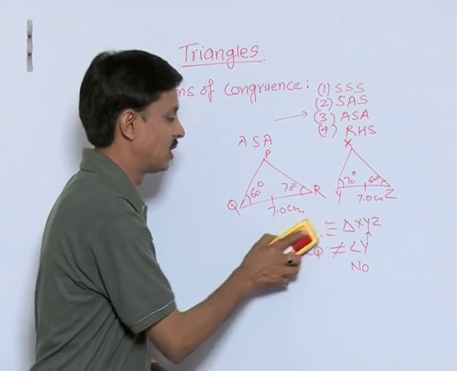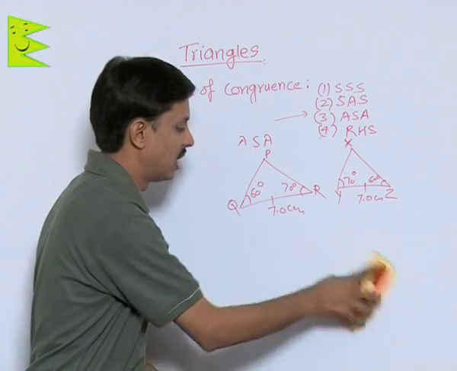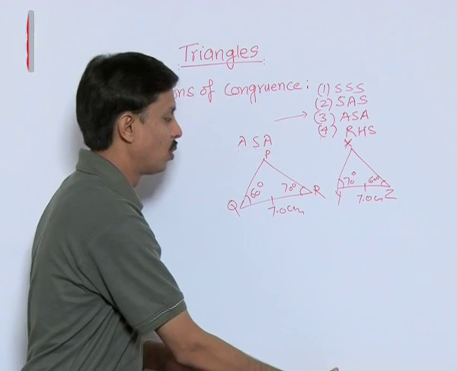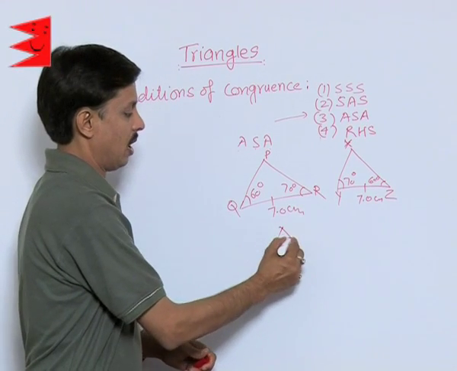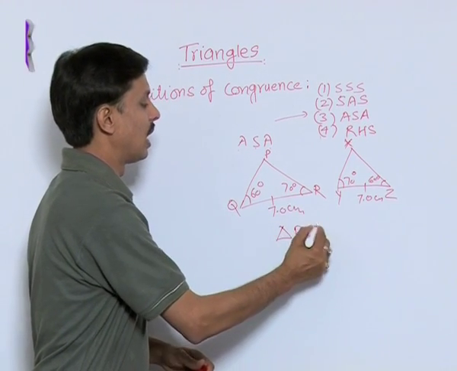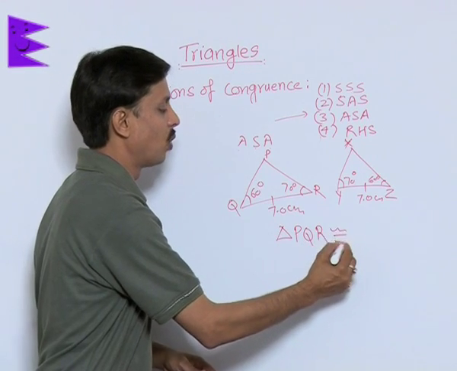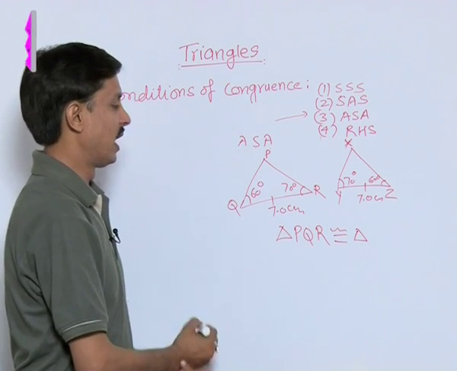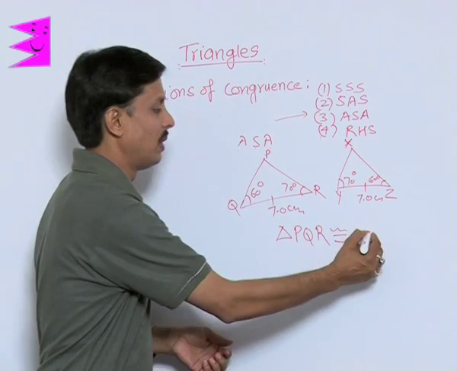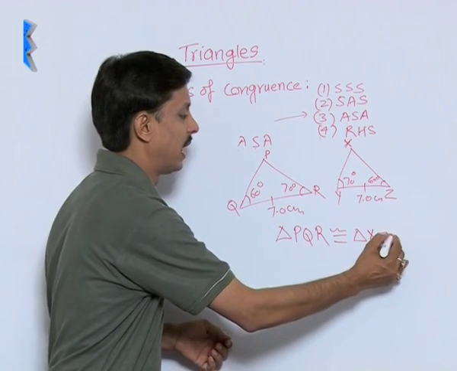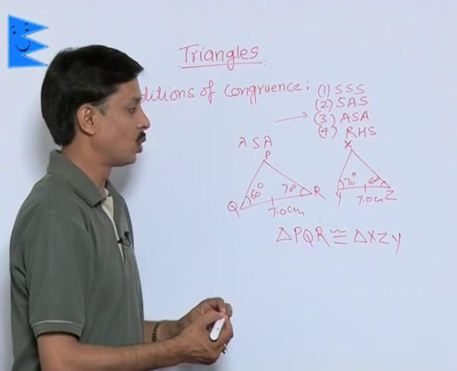Now the question is, what is the order of PQR to make it congruent? Triangle PQR will be congruent to which triangle? PQR will be congruent to XZY. Why is it so?